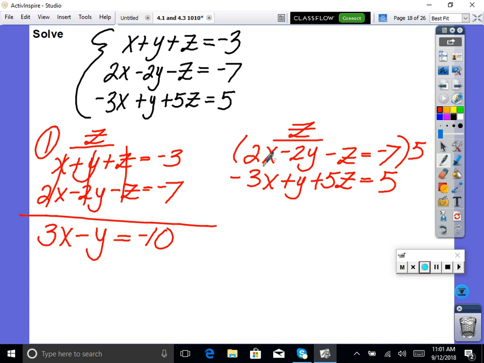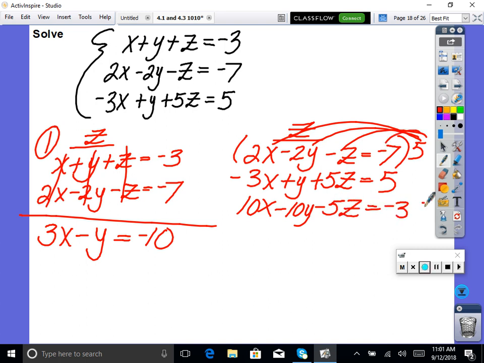So I'm going to write it down here. So distributing, we get positive 10x's. We get negative 10y's. We get negative 5z's, and we get equal to negative 35. Okay, we're going to add straight down. So we get 7x's. We then get minus 9y's. True? Am I doing good? Yep.